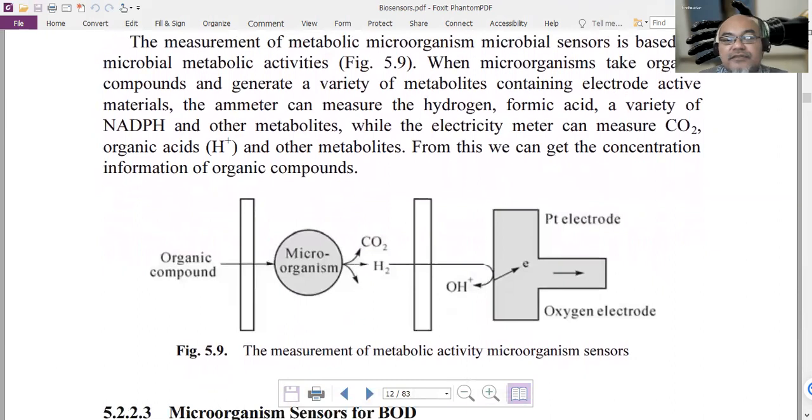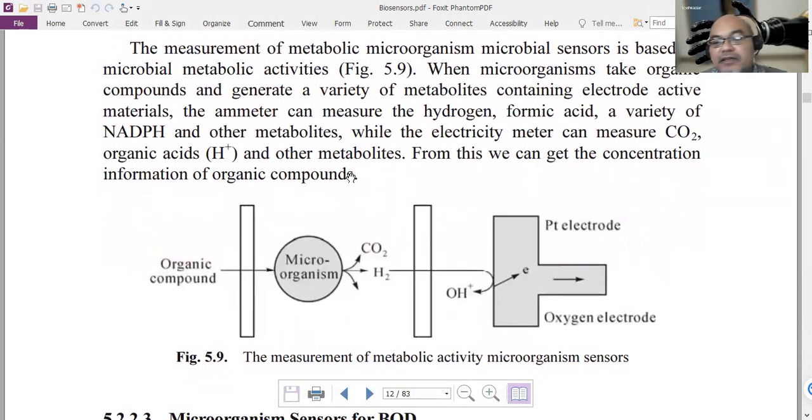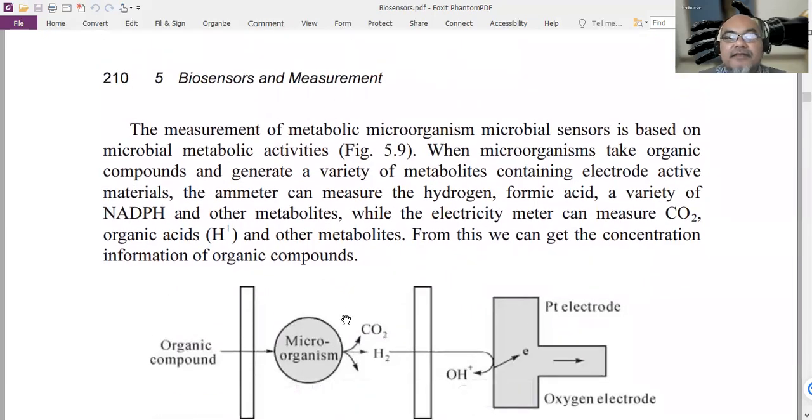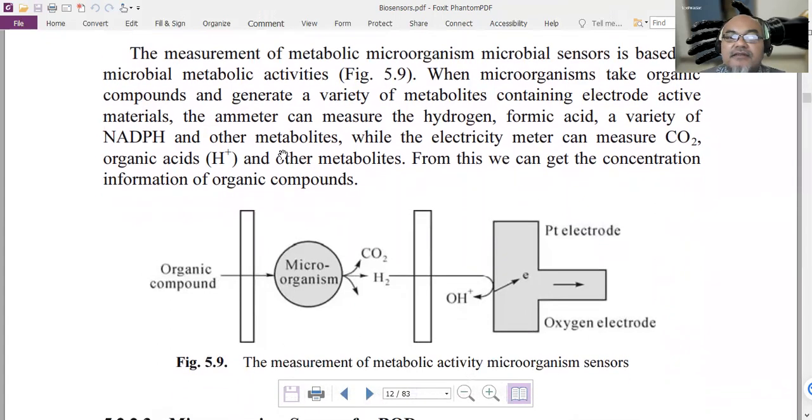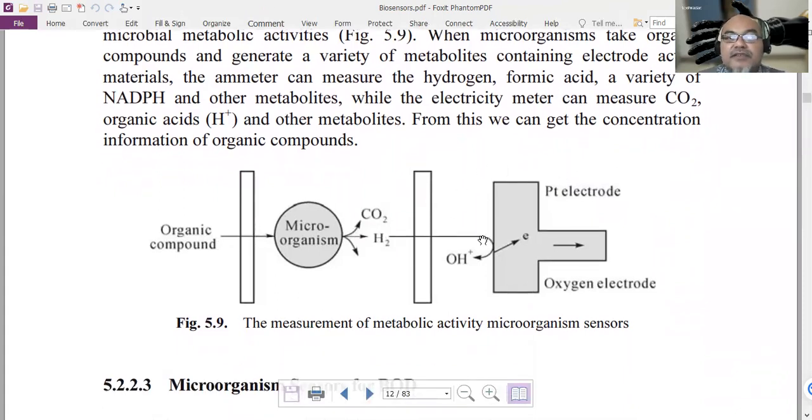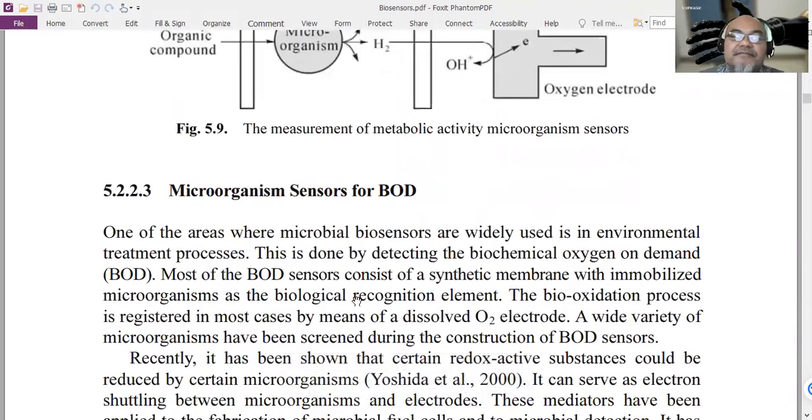Then we can also measure the metabolic activity of the microorganism sensor, like this. It takes organic compounds and generates a variety of metabolites containing electrode-active material. So we can use an ammeter to measure the resulting hydrogen from the microorganism metabolism, formic acid, and we can also measure the CO2 from the metabolism of that organism.